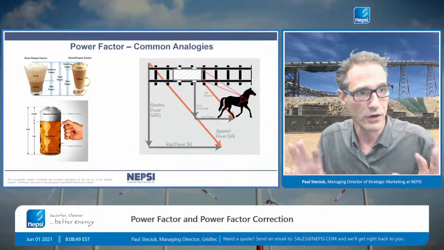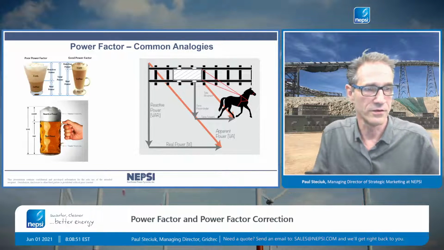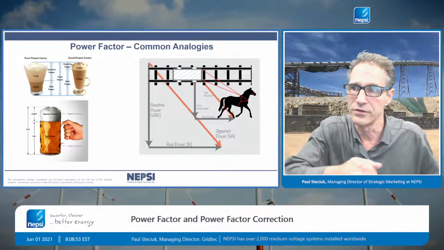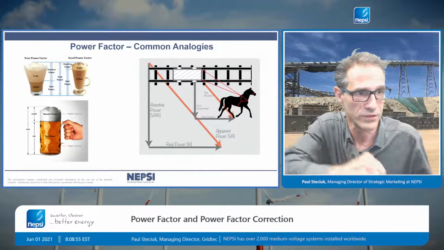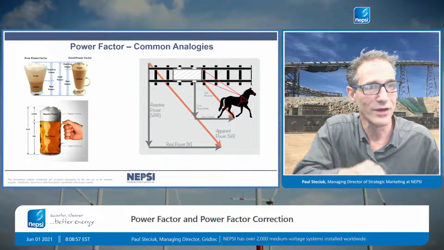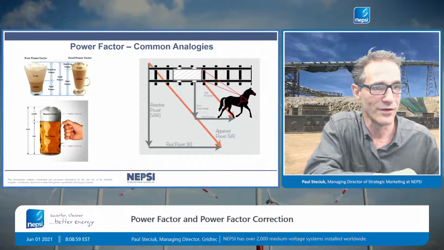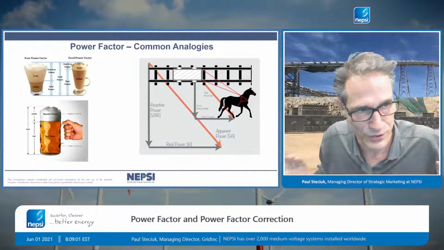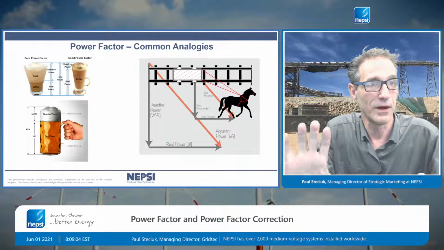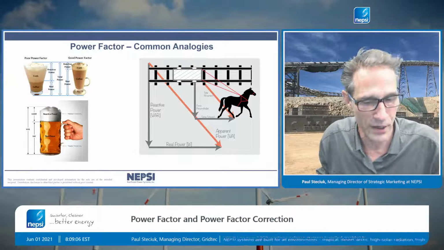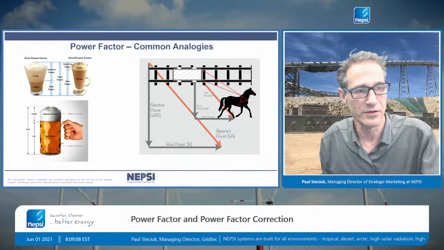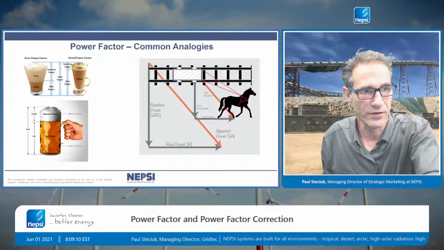If you had to push a car, you can sit on the outside of your car, open the door and push from the side. You know you can't quite get the same push from over there as if you get behind the car and push directly. And that would be a power factor of 1.0. All the power that I'm putting into the car is being pushed into the car to move it forward, power factor 1.